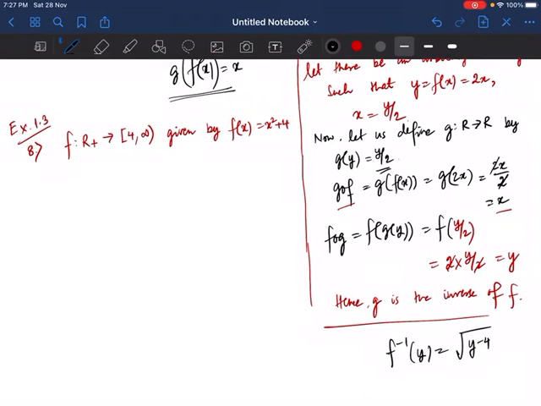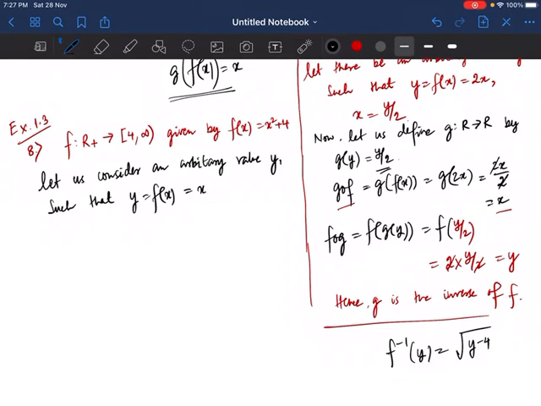Now for solving this problem, the first thing, let us consider an arbitrary value y such that y is equal to fx, and that is equal to x square plus 4.